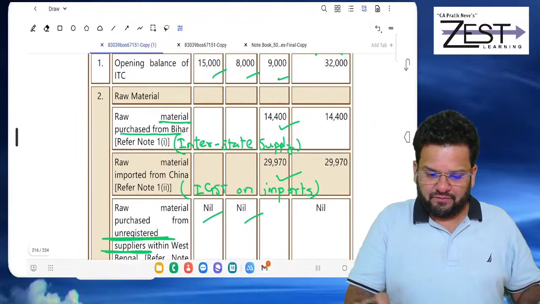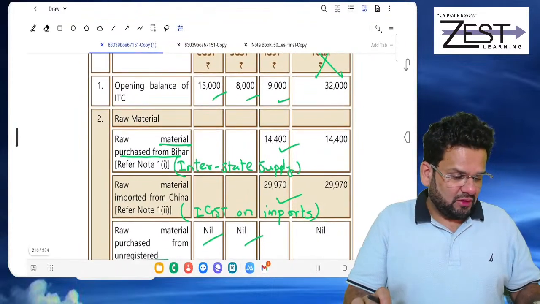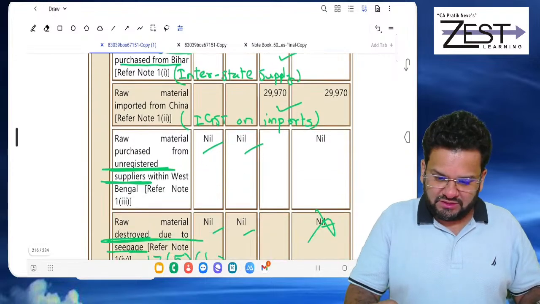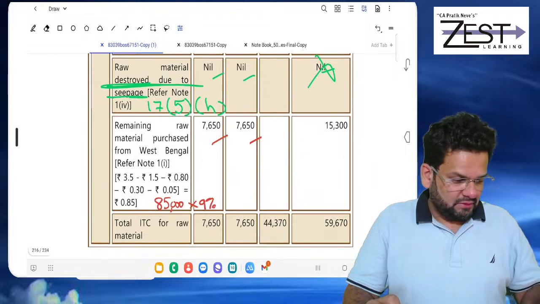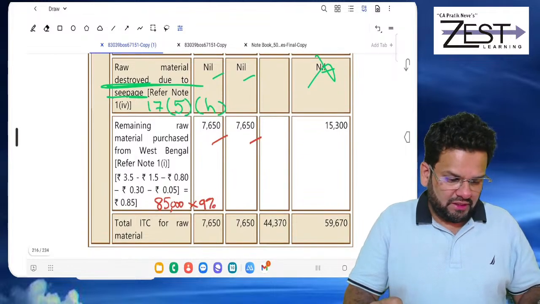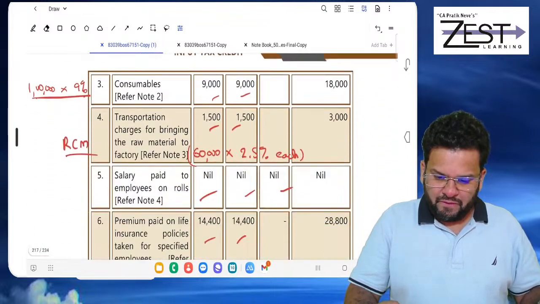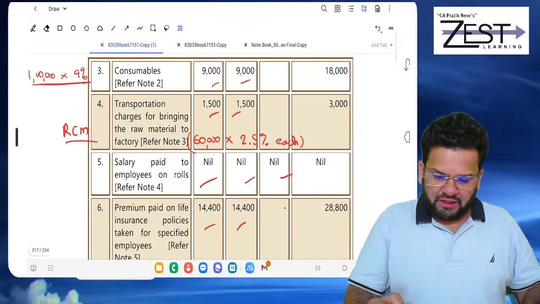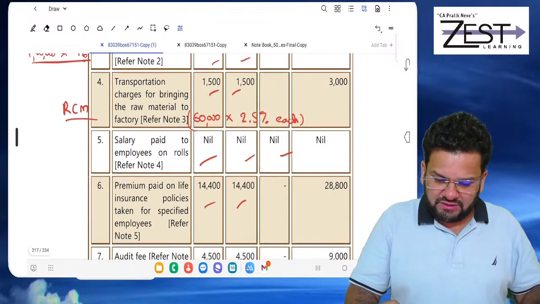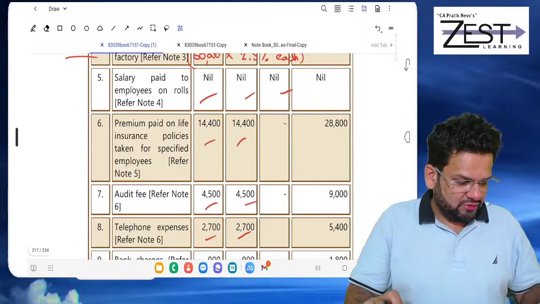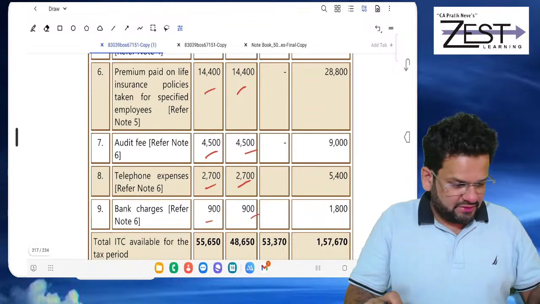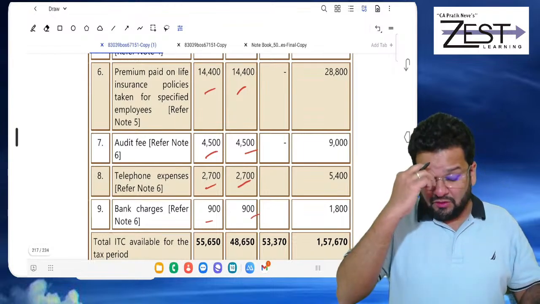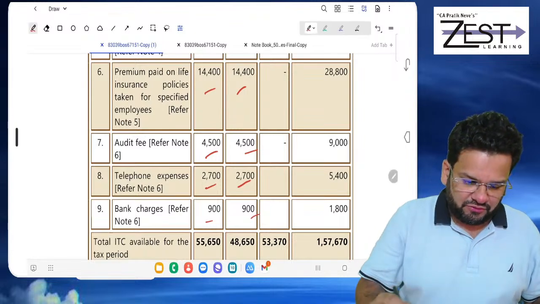CGST, 15,000 is opening, plus 7650 plus 9,000 plus 1,500 plus 14,400 plus 4,500 plus 2,700 plus 900. 55,650.